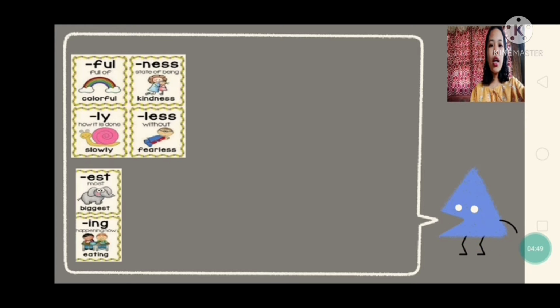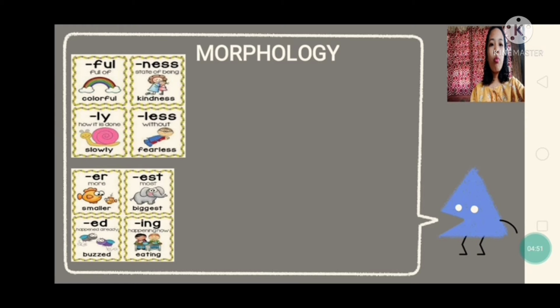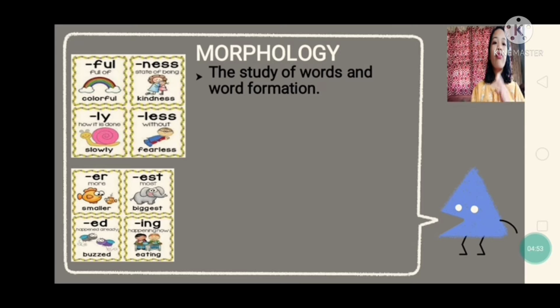The next one is morphology. When we say morphology, it is the study of words and word formation. So, morphology is a branch of grammar that studies the structure of forms of how words are formed.